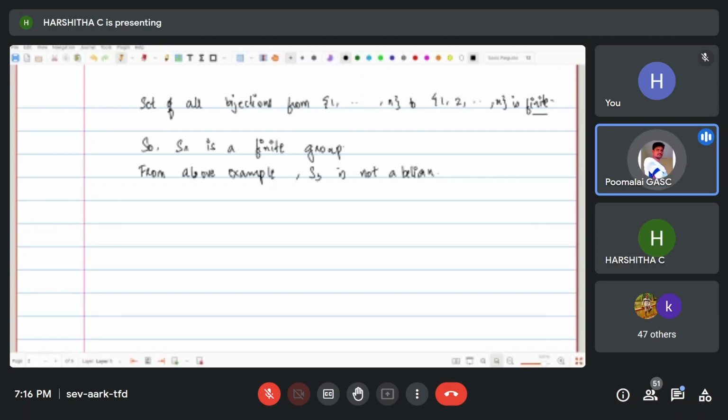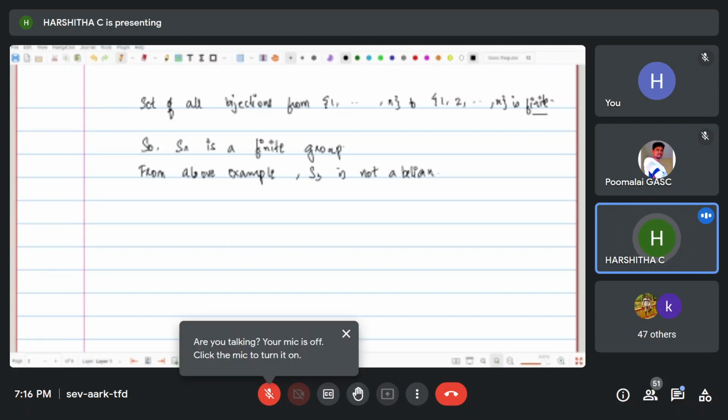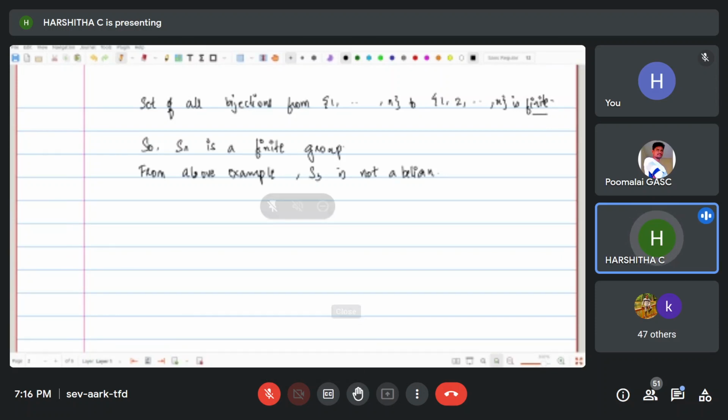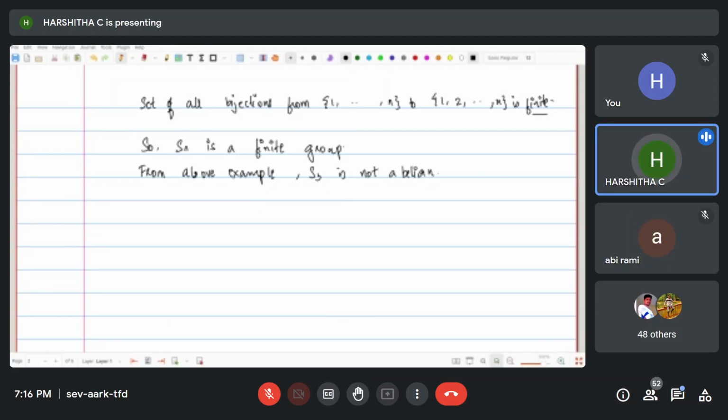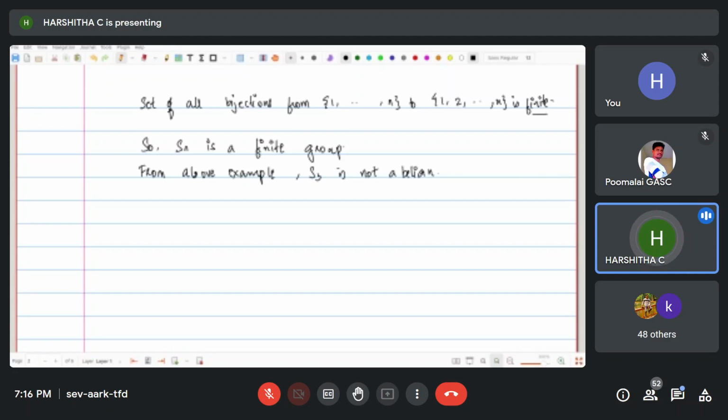If n is not finite, Sn is an infinite group. Sorry, if n is not finite, for now, I mean n is a natural number, right? So we are only considering the set of all bijections from a finite set to a finite set.